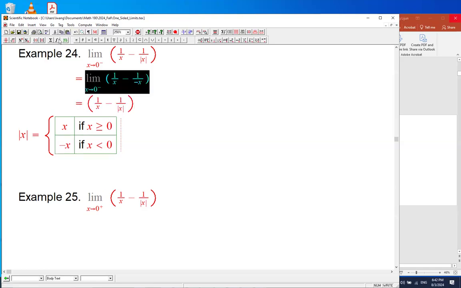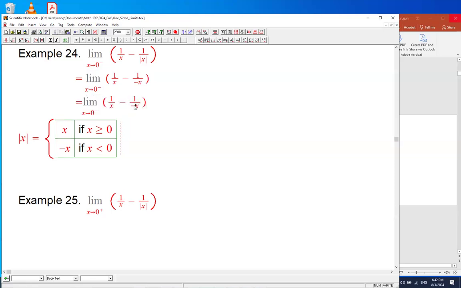Whoops, my bad. So basically, this is a plus 1 over x. Combining the like terms, that's going to be 2 over x. Remove the parentheses, x approaching 0 from smaller than 0. So this is going to be approaching negative infinity.